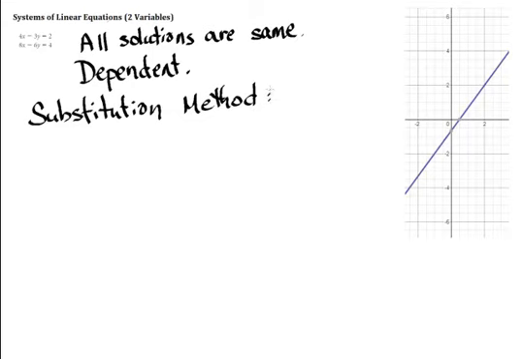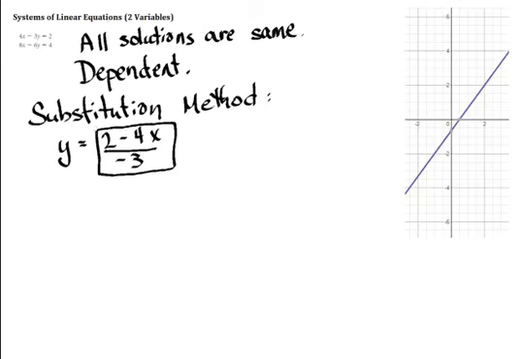I've already written that previously when I was graphing it. So I'm just going to use that top one where I had written y equals 2 minus 4x over negative 3. I'm going to use that as my y, and substitute it in right here for that second equation.